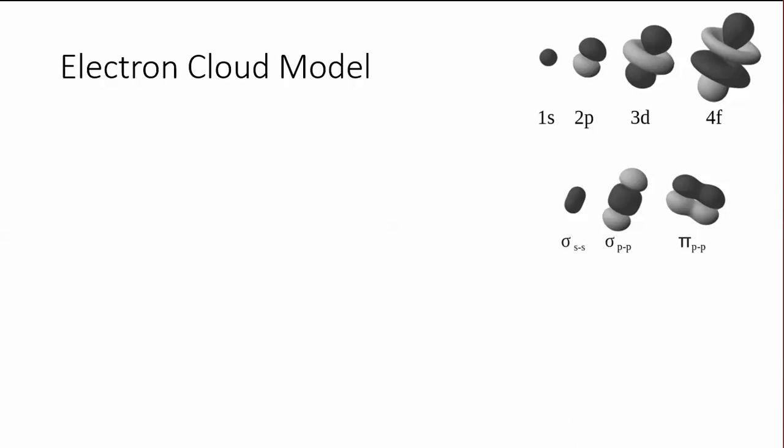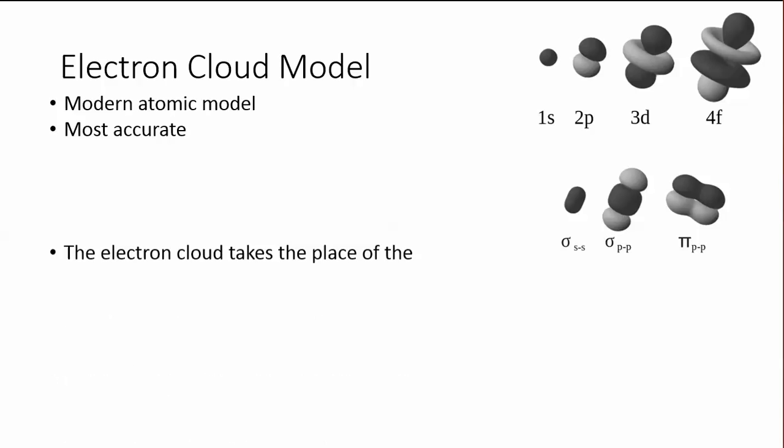All right, then the last one that we talked very, very briefly about, you read about it, and we had a very brief discussion and showed you some posters in class about it, is not one that we deal with a lot, but this is the modern model of the atom. It's called the electron cloud model.